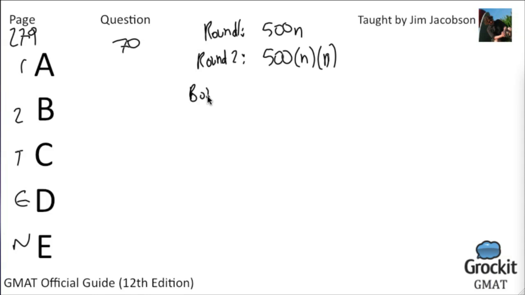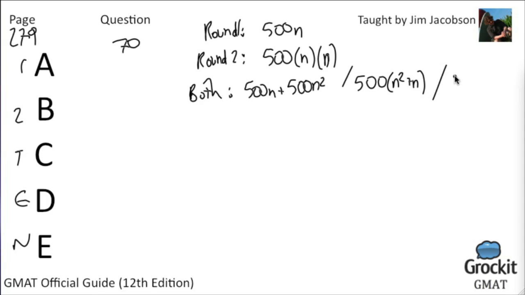The two rounds together are then 500n plus 500n squared, which we could also rewrite as 500 times n squared plus n, or 500n times n plus 1. All those are the same thing.